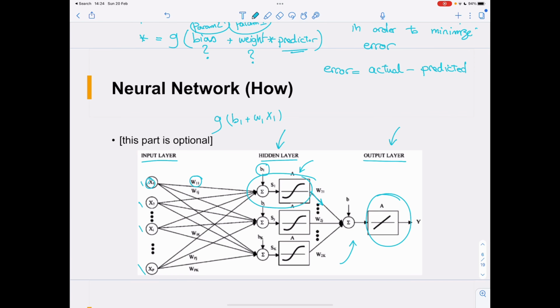The downside is the questions like how many layers, how many hidden layers, how many nodes in each hidden layer. So this is one question, this is two questions. What are the activation functions?